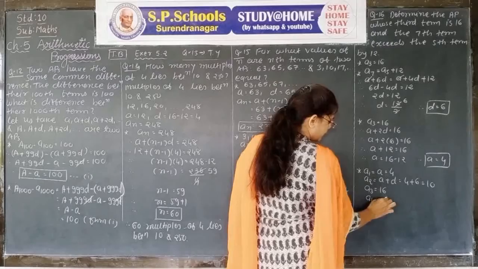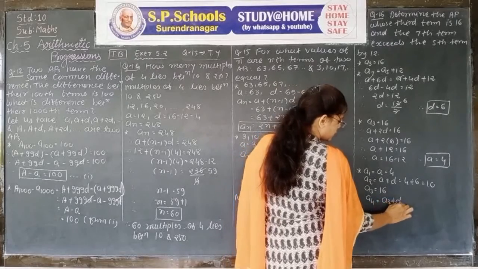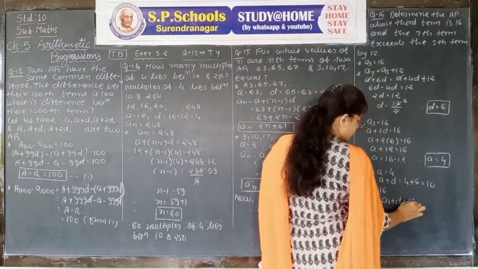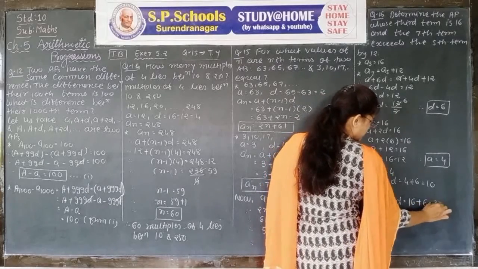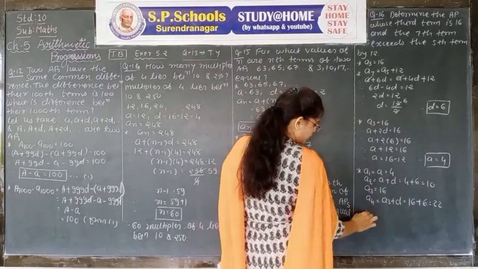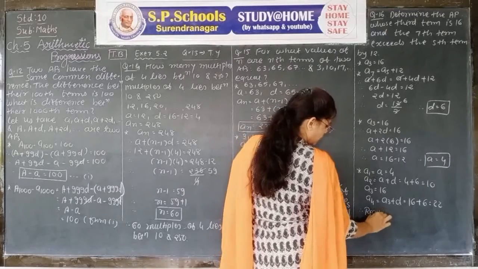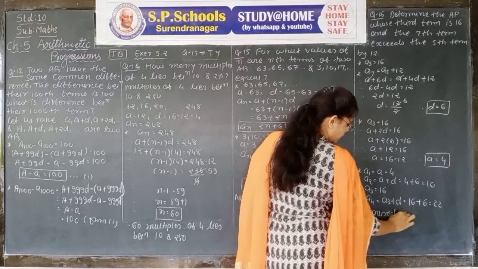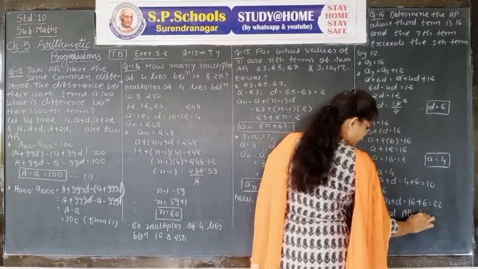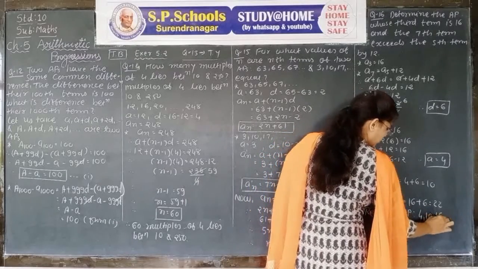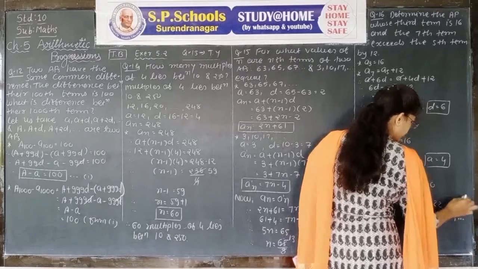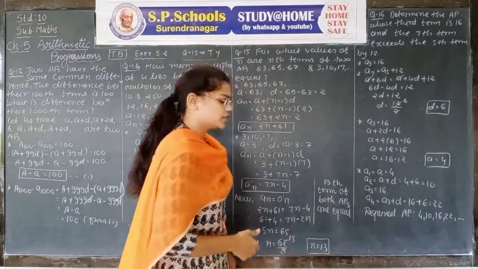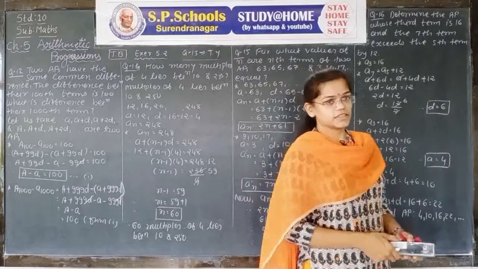Fourth term A4 is equal to A3 plus D, where A3 is 16 and D is 6. 16 plus 6 is equal to 22. Therefore, the required AP is 4, 10, 16, 22 up to infinity. Hence question number 16 is completed here. Let's see the next one.